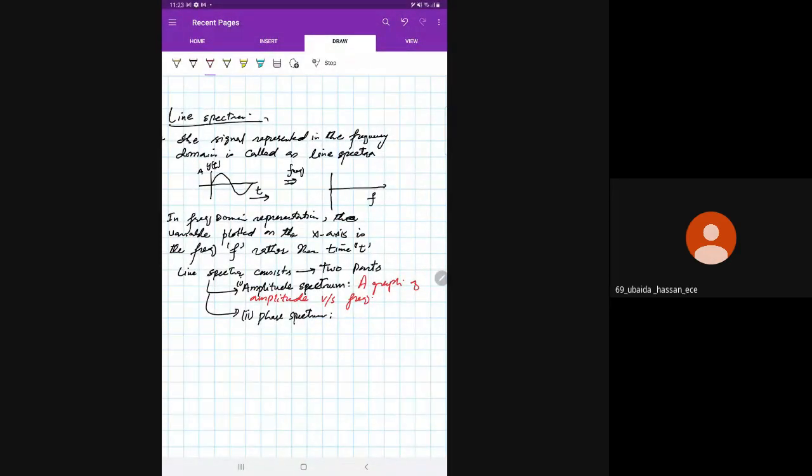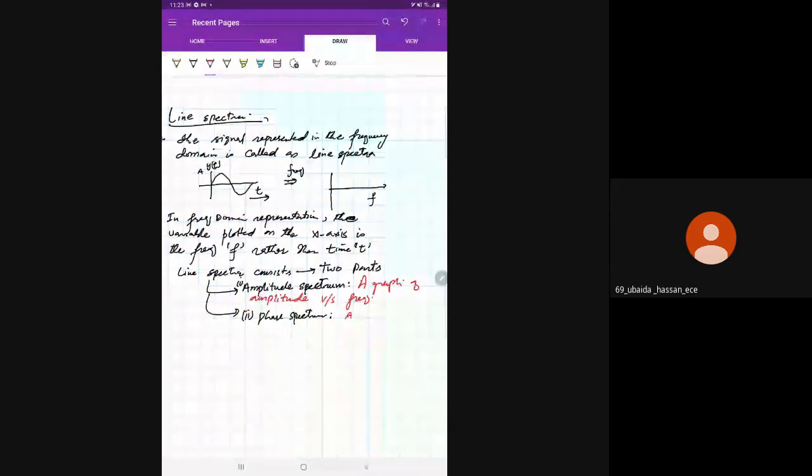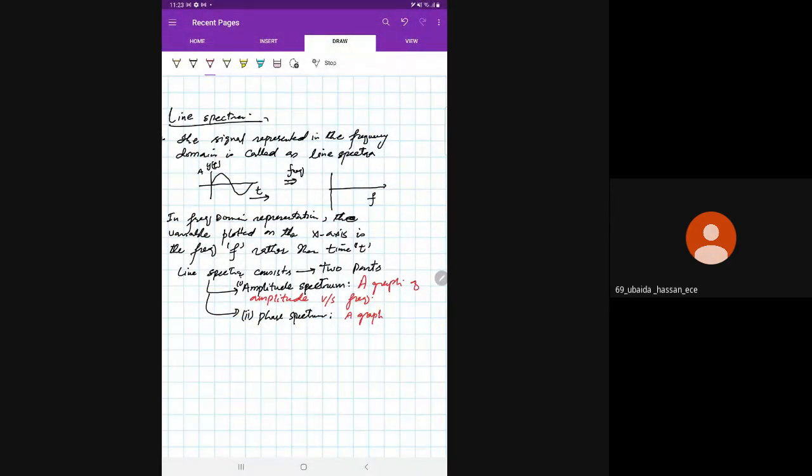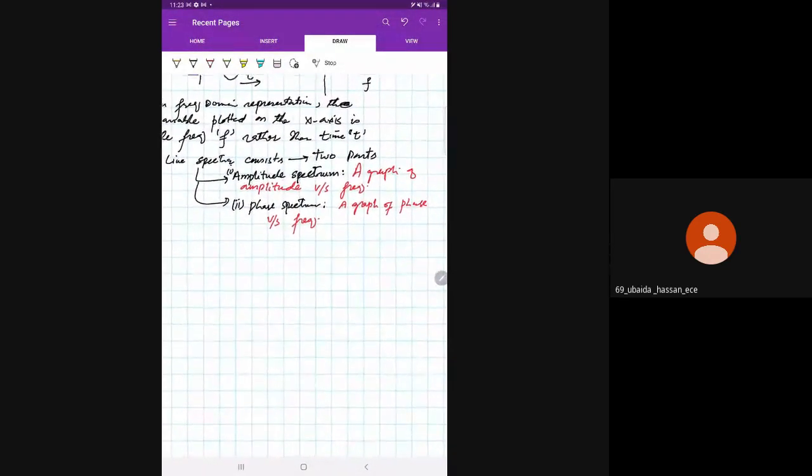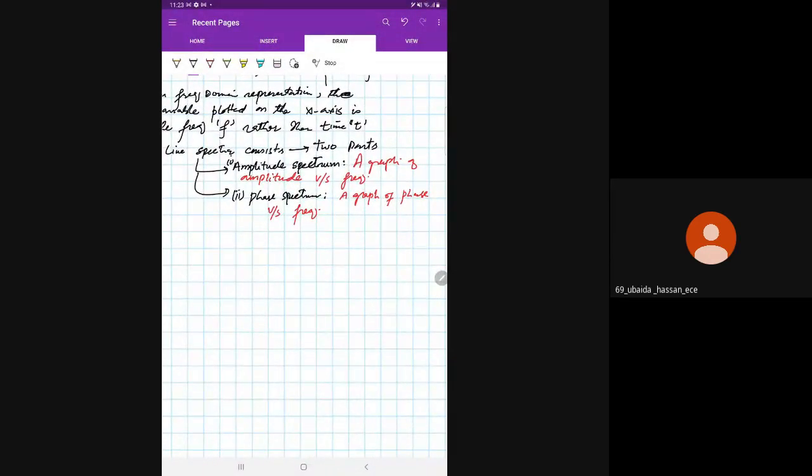It is nothing but a graph of phase versus frequency. Let us take an example now to show the amplitude spectrum and phase spectrum of a signal.